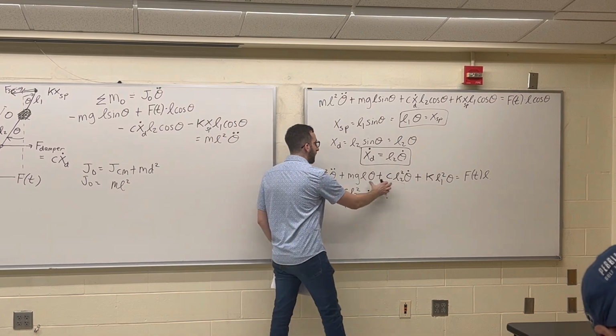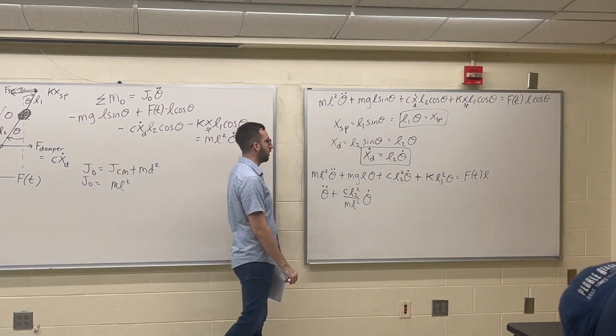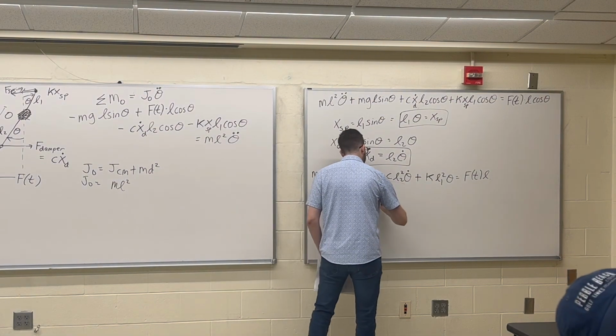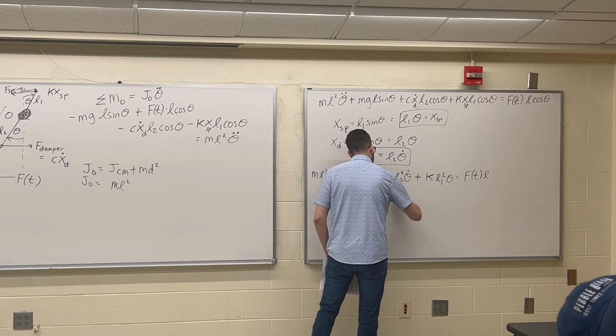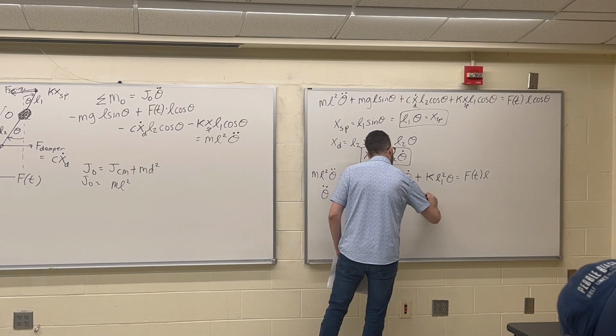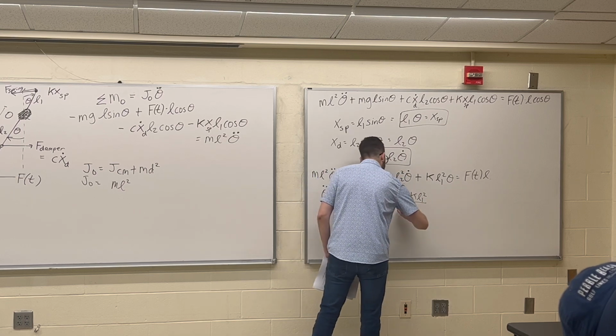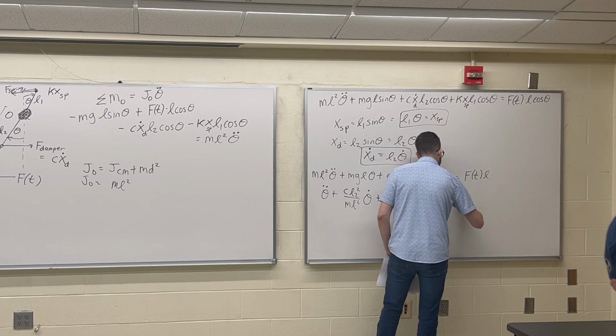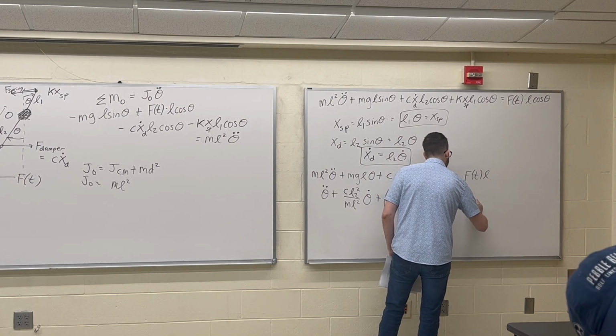And now these two combine, because they're both theta, that will be plus MGL plus K L1 squared, all of that divided by ML squared theta, and that equals our forcing function on the right times the length.